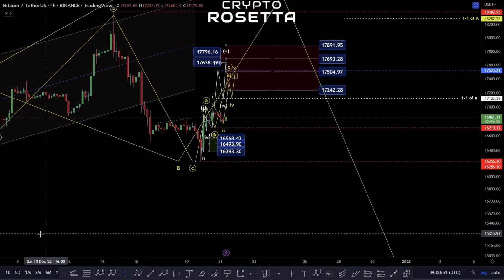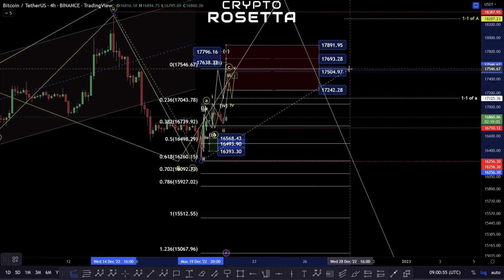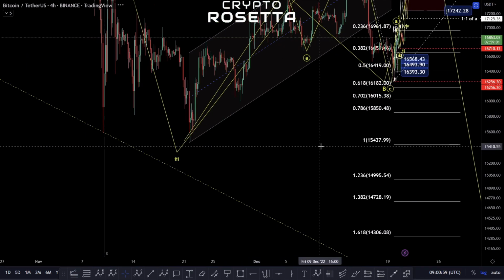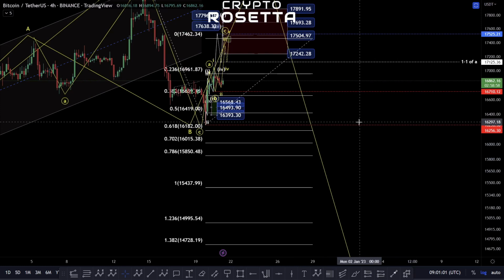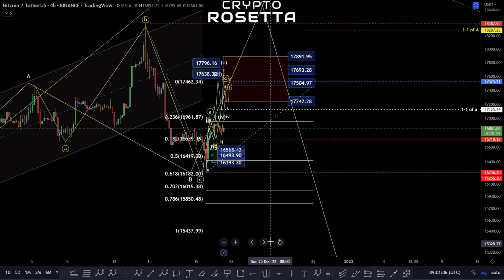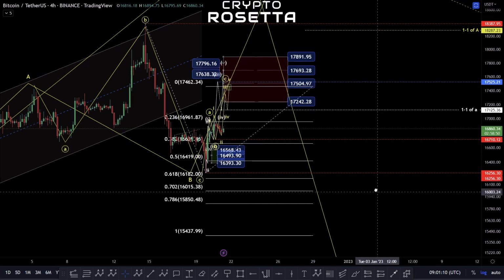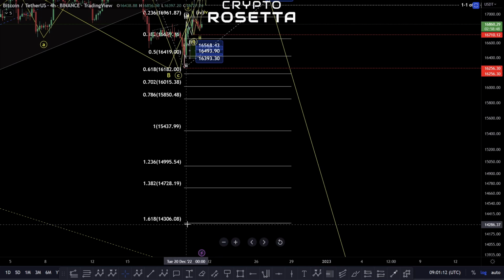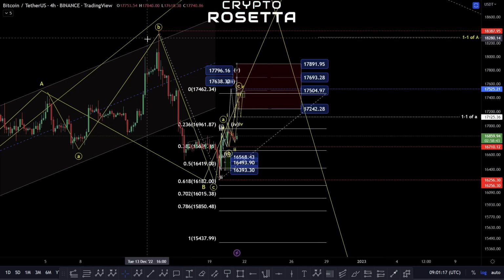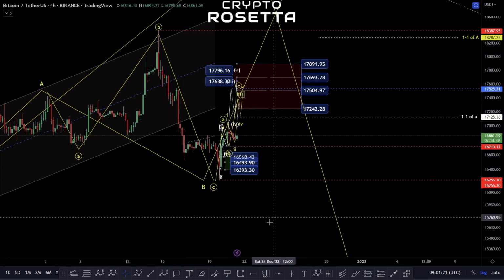And basically with this, if it does develop just as an ABC, what we could be effectively looking to do is target out this 15,437 area again. Though my most probable outcome of this, if it does start to break down, would be looking for that third wave, and that would be confirmed by crossing down below this 14,306 area, and that would basically change this whole move into a bigger 5-wave move to the downside.